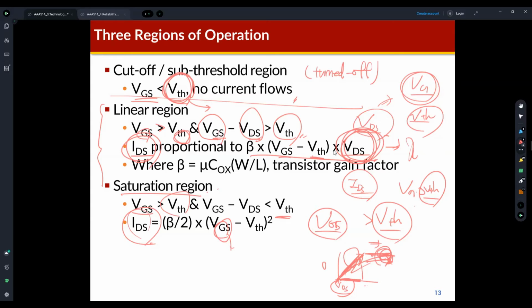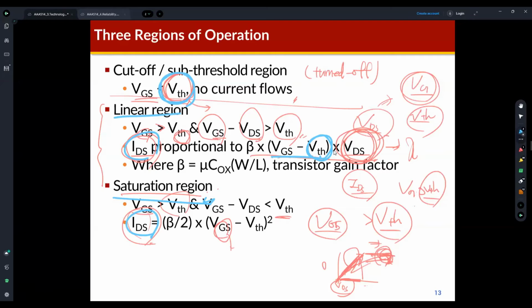But I explained that we need to focus on the VTH, the threshold voltage. So why? If we see the linear region equation and the saturation region equation, we can find that IDS, the current level between source and drain, is influenced by VGS minus VTH.